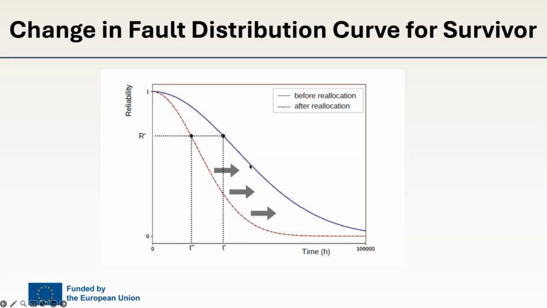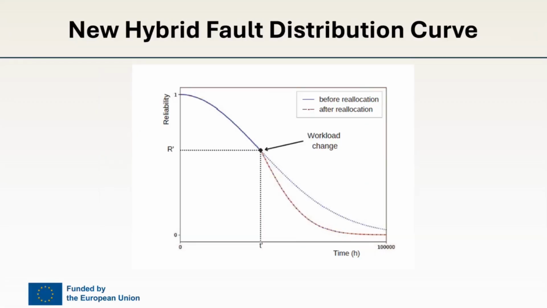If you want to model the curve for the whole lifetime of this chip, we have to create a hybrid curve where the blue one is the time where there were two cores in the system, and the red one is the time where there is one core in the system. This is how the eventual reliability curve for that surviving core would look.